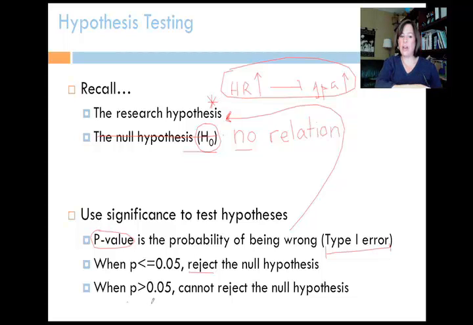If the p-value is greater than 0.05, it's not statistically significant. I like to abbreviate that as not sig. And if you have that finding, if it's not statistically significant, you cannot reject the null hypothesis. So it's kind of backwards language for hypothesis testing, but that's what convention is.